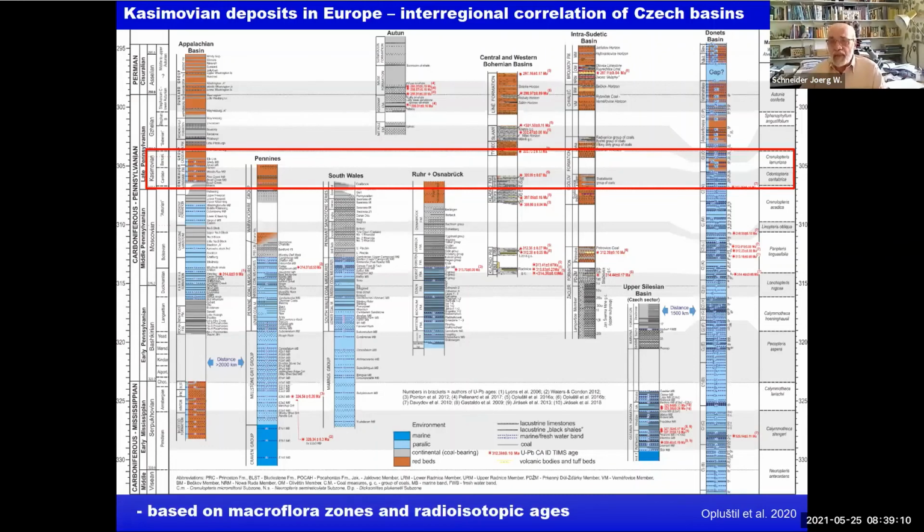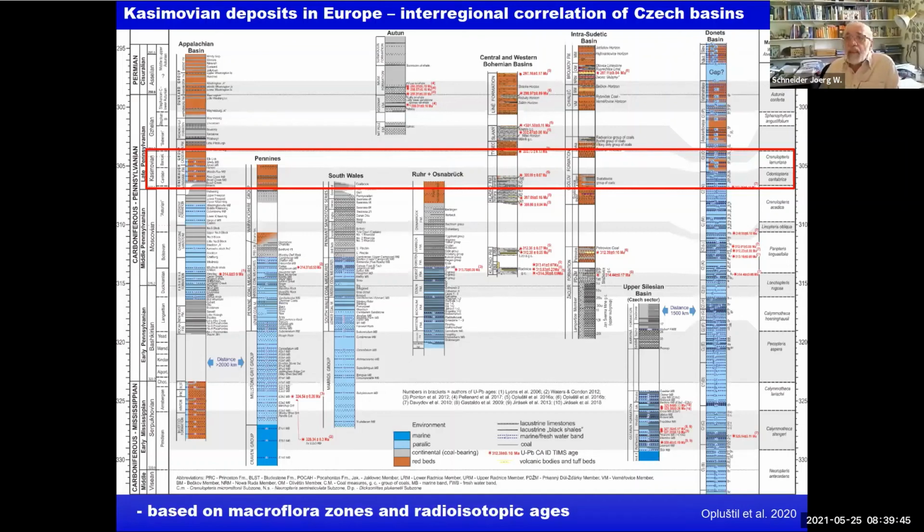And as you see from the correlation of the Czech basins with other basins, we have this erosional gap also in several other basins. Something happens. Minimally, an uplift of maybe several hundred meters, which we could observe in the outer sites, possibly much stronger in the inner sites of the Moldanubian area of Czechia.